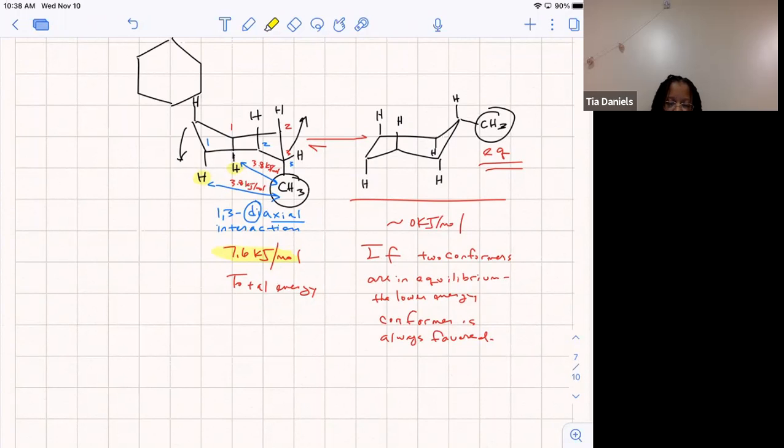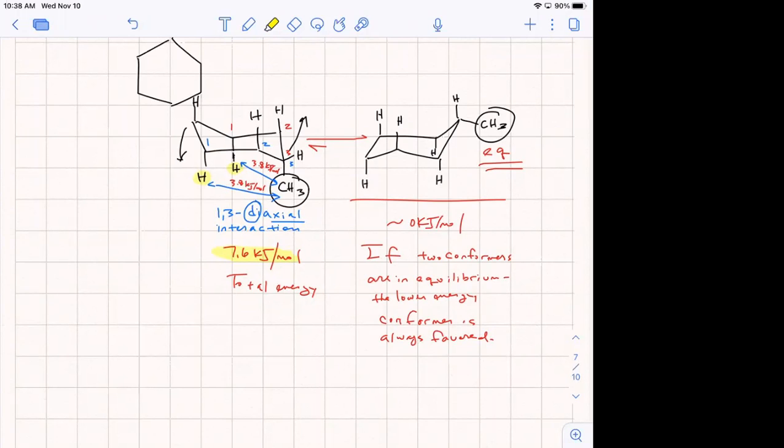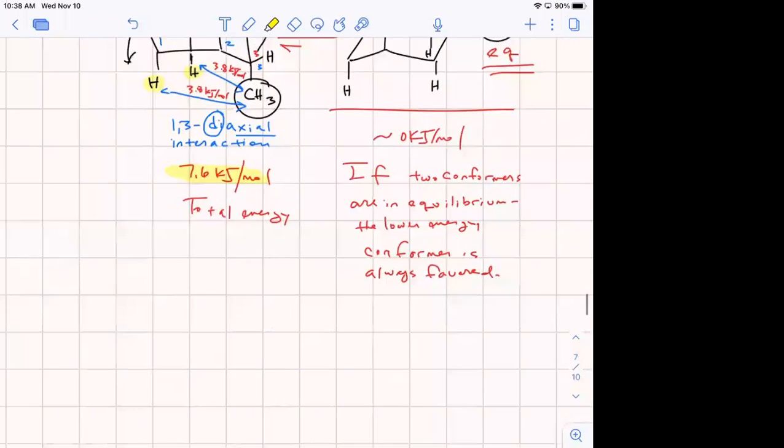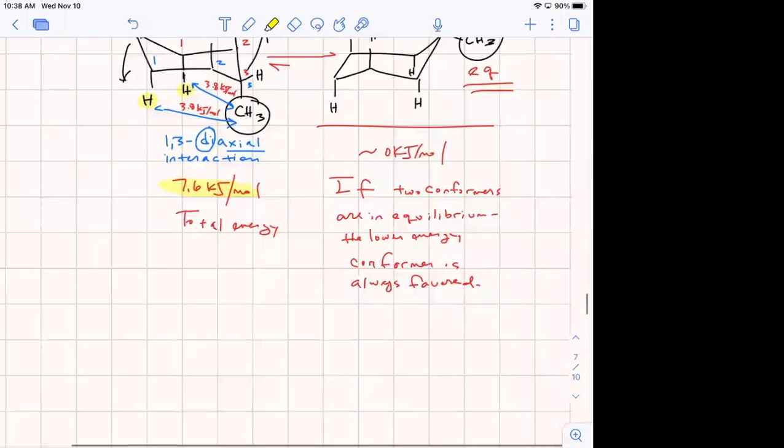Okay. And you can imagine as the substituents get bigger, the energy for it to be axial increases, right? For a halogen like bromine, I think it costs like 1 kilojoule per mole or something like that. But if you put something on here like a tert-butyl group, let's go ahead and do that one.